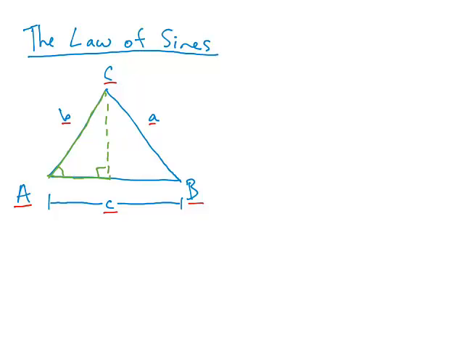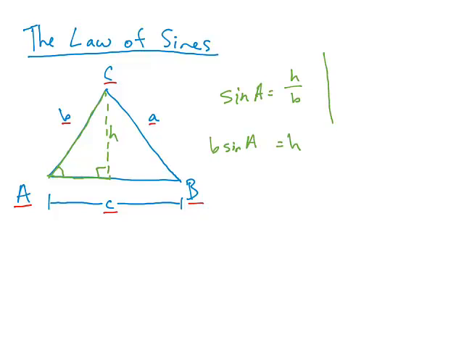Now, if I want to find the height of this altitude, what I can do is I can say, well, sine of angle A is equal to, well, the ratio of sine is opposite over hypotenuse. So the opposite side in this right triangle is h, the hypotenuse is b. And then I'm going to solve for h. So h is going to equal b times sine of A.